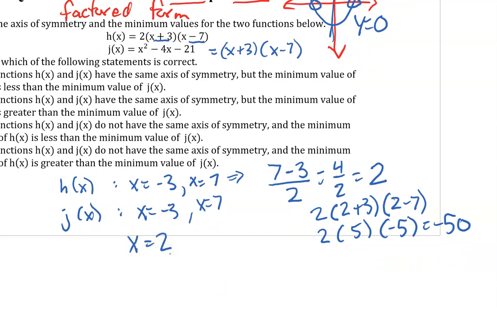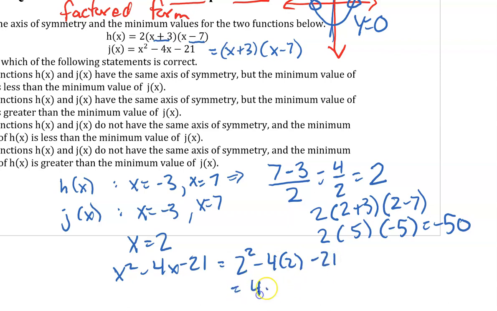Now I'll substitute 2 into our original equation, x squared minus 4x minus 21. So I get 2 squared minus 4 times 2 minus 21, which is 4 minus 8 minus 21. 4 minus 8 is negative 4.